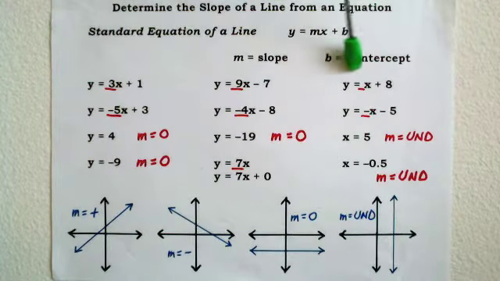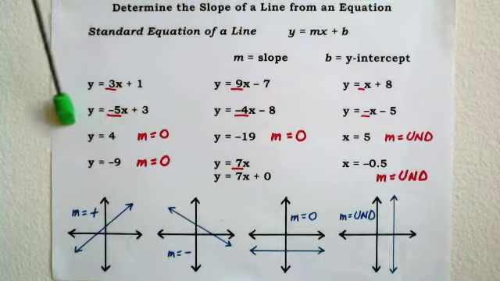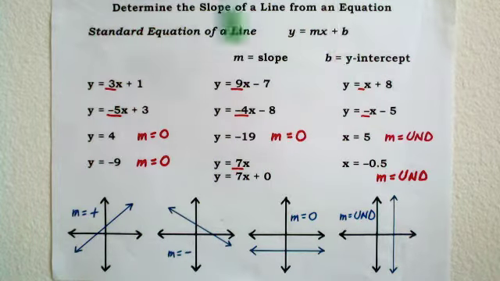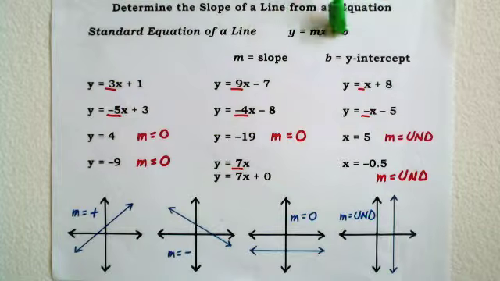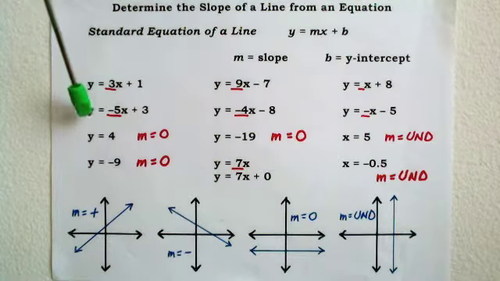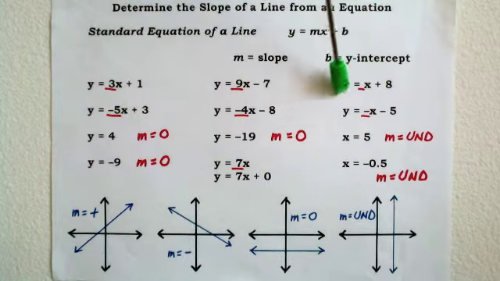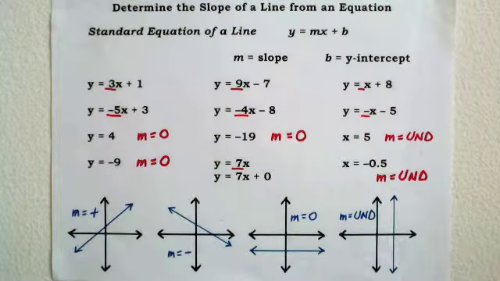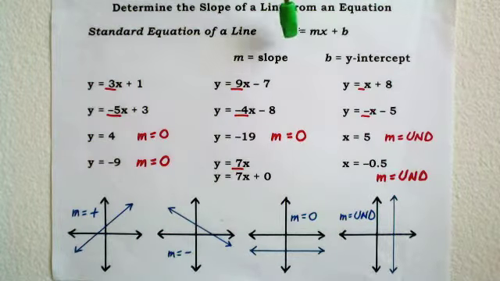In these first 6 equations, they are exactly in this standard equation format. I have the y variable on one side of the equal sign, not negative y. If it's negative y, I've got to rewrite the equation. That's not the standard equation. I need a positive y.